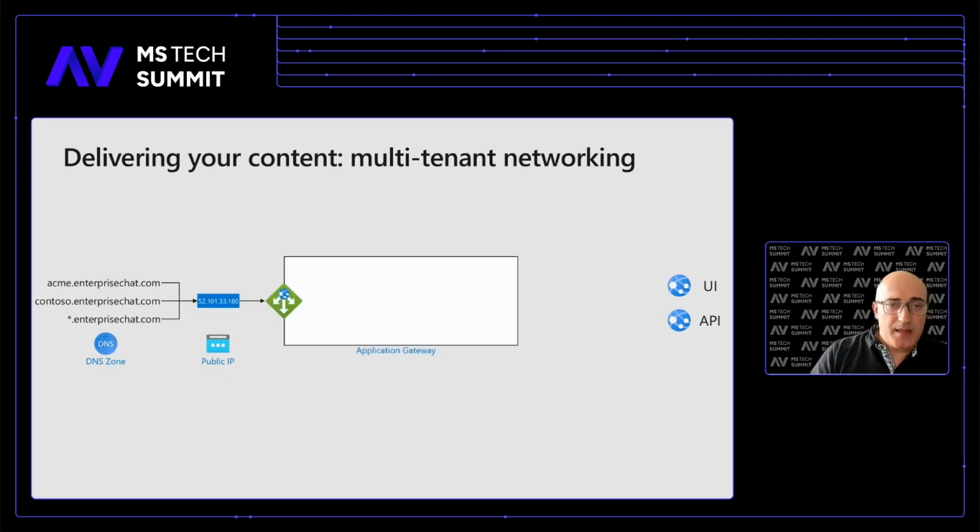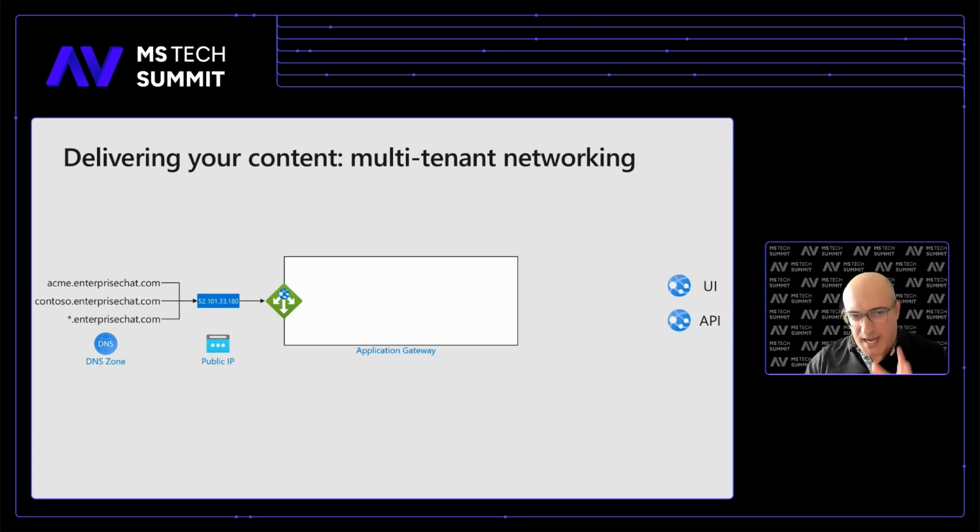Okay, then we needed to route the traffic. And in order to route the traffic, my current architecture is based on a service in Azure called Application Gateway. Now, Application Gateway is a substantially complex service, which contains a lot of sub-services in it, right?